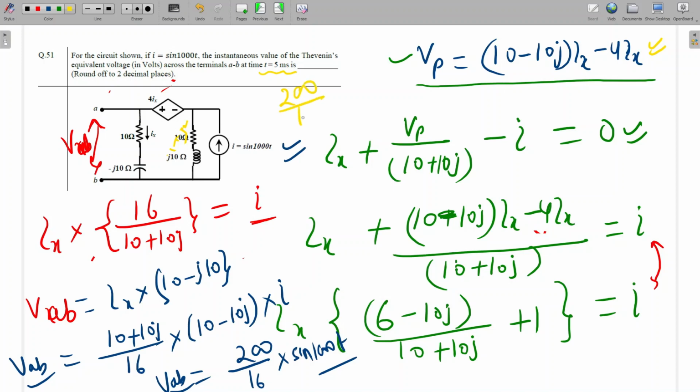200 divided by 16 into sine of 5 milliseconds, how much? We have to keep it in radians here. 5 milliseconds into 1000 is 5.